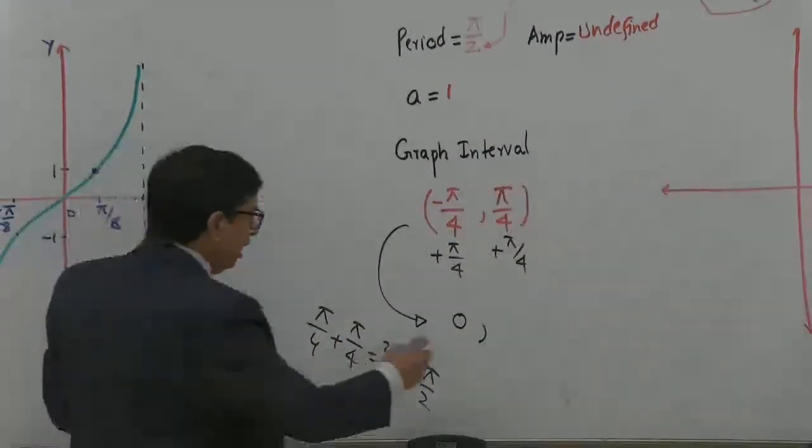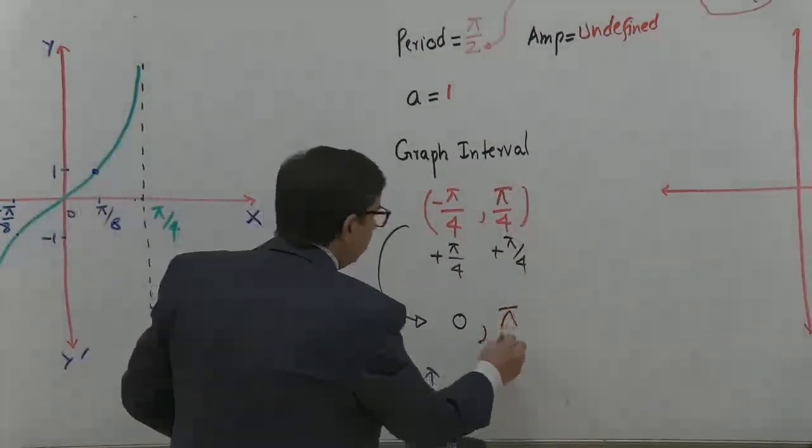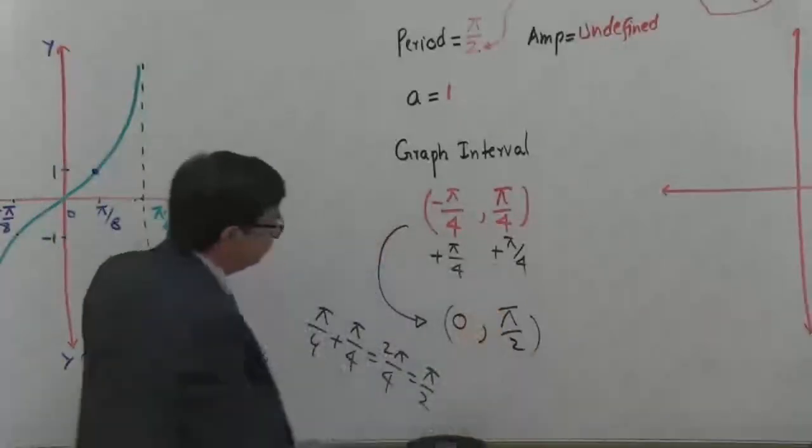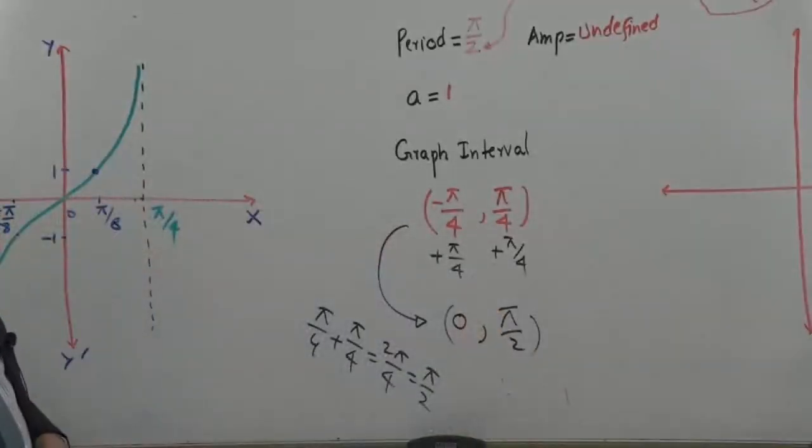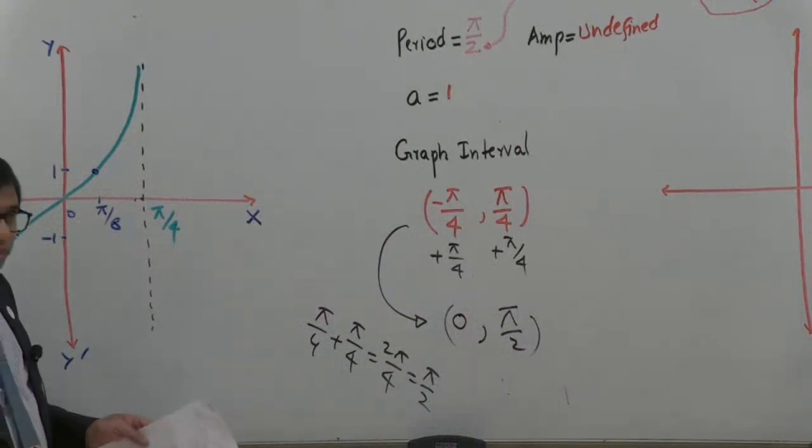So your graph is between 0 and pi over 2. Understand?